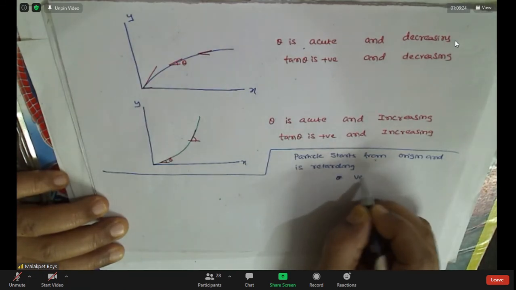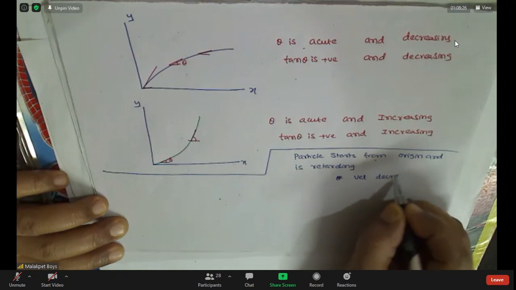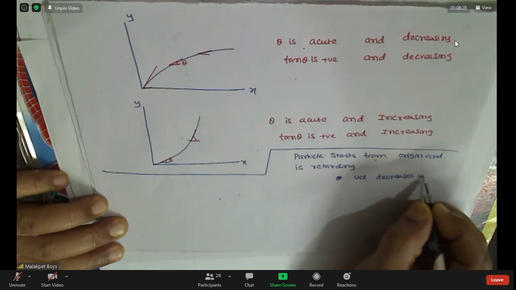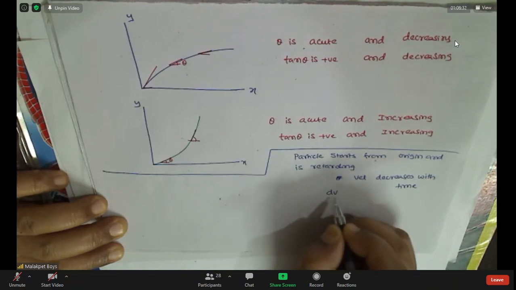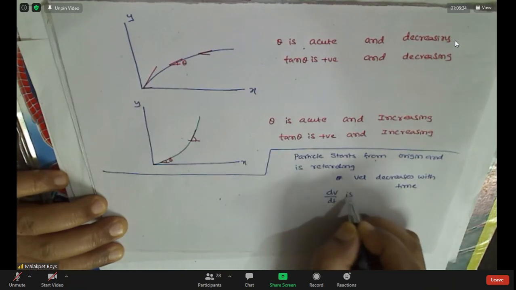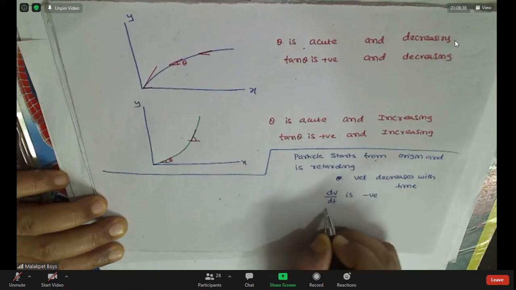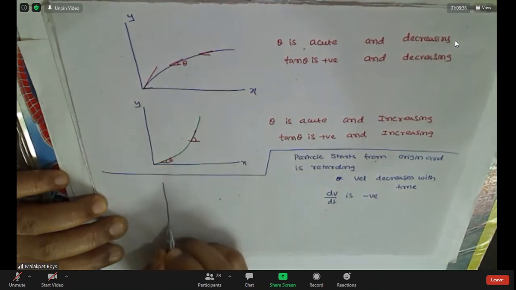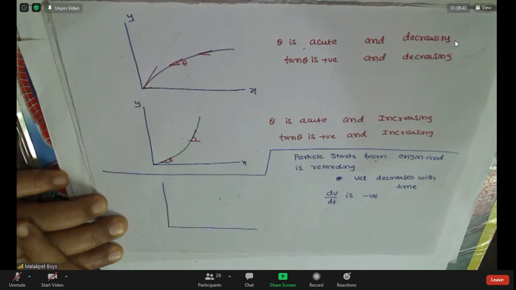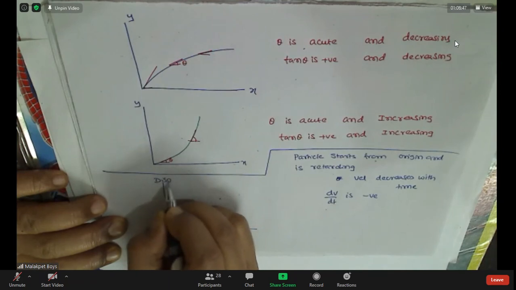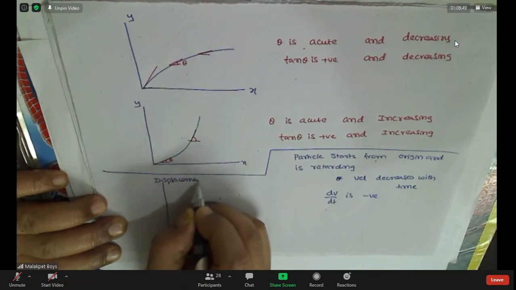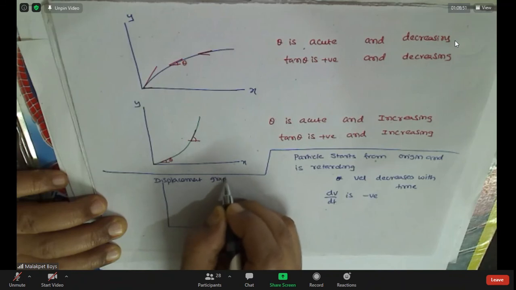Meaning velocity decreases with time now. That means we have dv by dt is negative. That means what is this you have? If you draw a graph like this, agreed? This is the displacement graph.